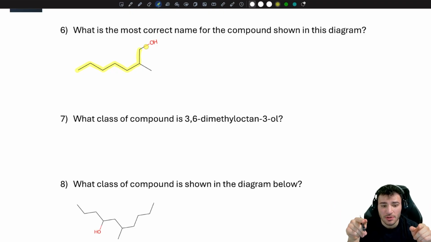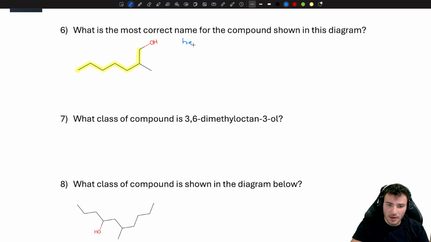That's the parent chain that we choose. In the original one, we only had one substituent, but now we have the hydroxyl and the methyl. So this is the parent chain that we should be choosing, and we can determine that our parent chain is heptane. You can try numbering it, but I think it's very obvious that we should start numbering from this side to give the hydroxyl the number 1 position.